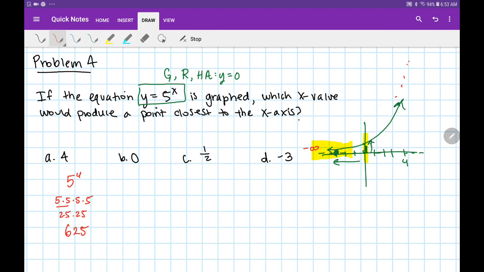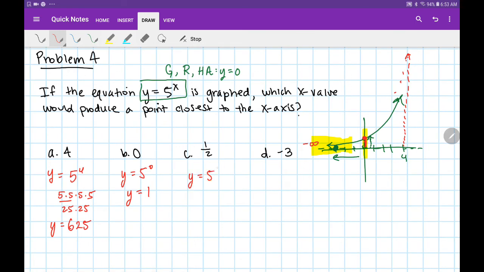So imagine what we're saying. We're saying when x is 4, our y value is all the way up at 625. Let's do the next one. If I have y equals 5 to the 0, anything to the 0 turns into 1. So if you notice that x equals 0, the distance from the x-axis is about 1.